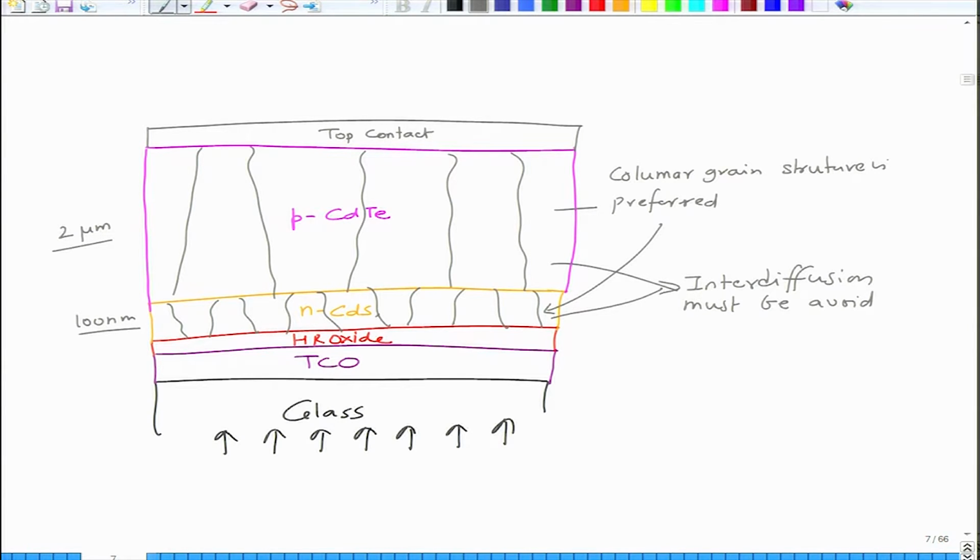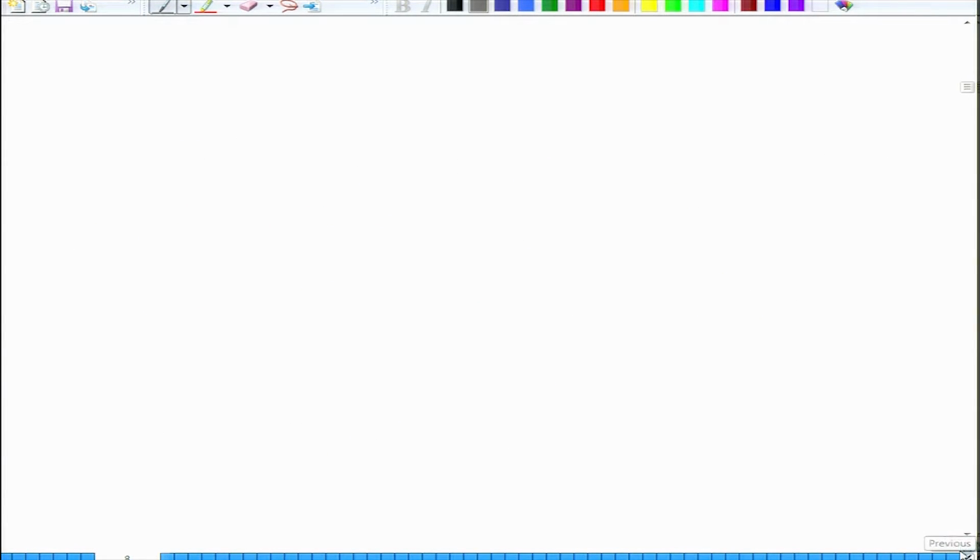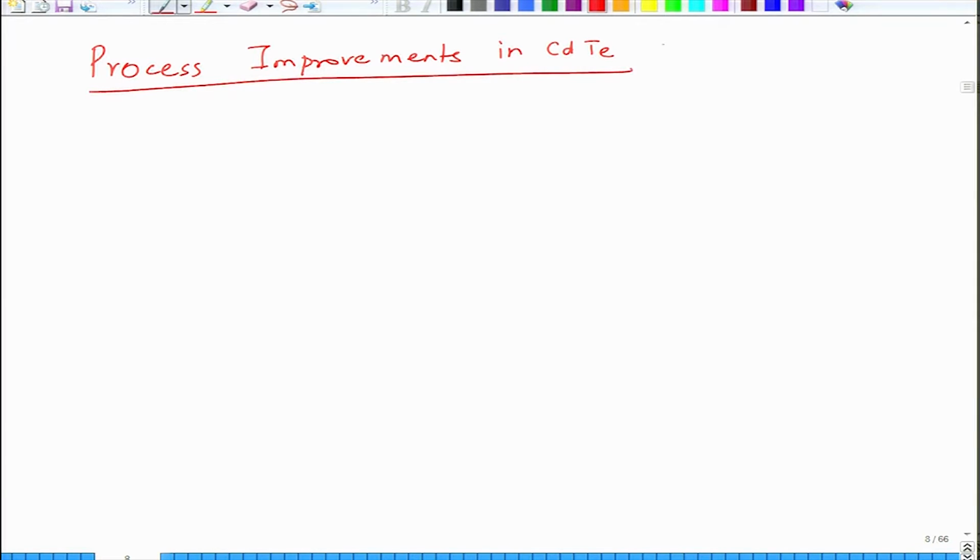So there are a few things one does to improve the process of solar cells. The first thing one does is CdCl2 or cadmium chloride treatment.